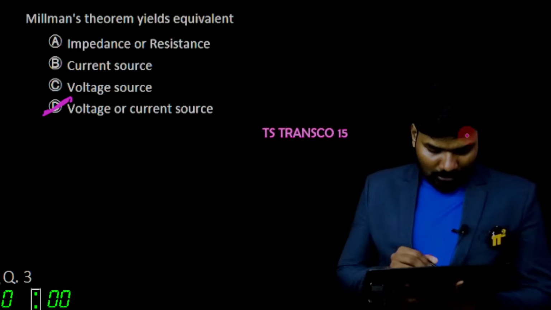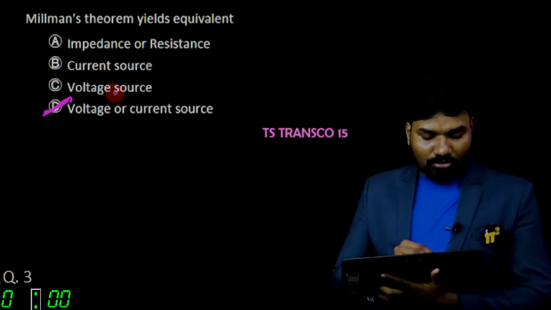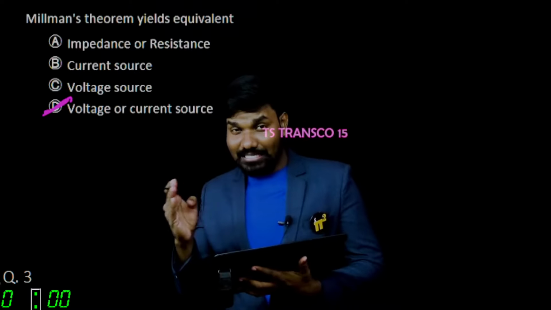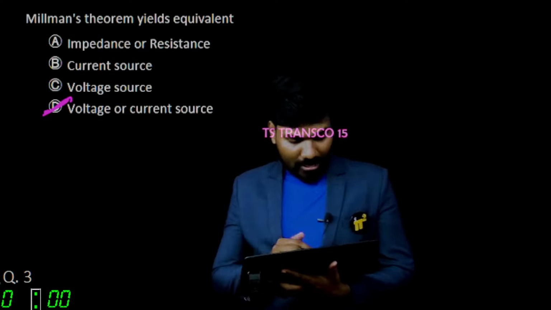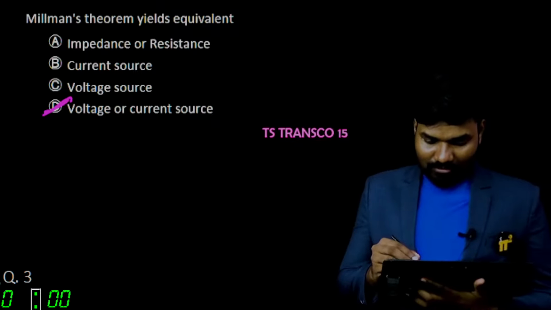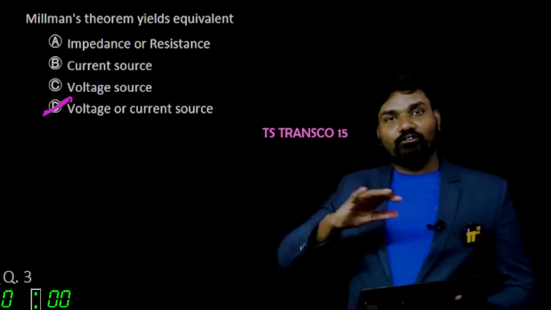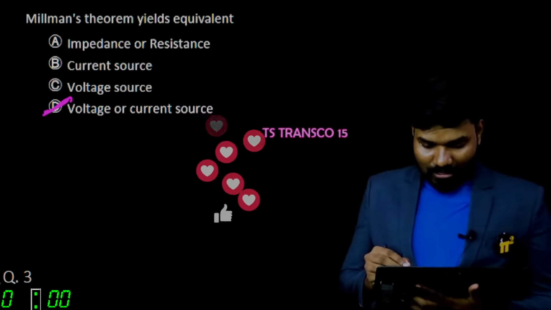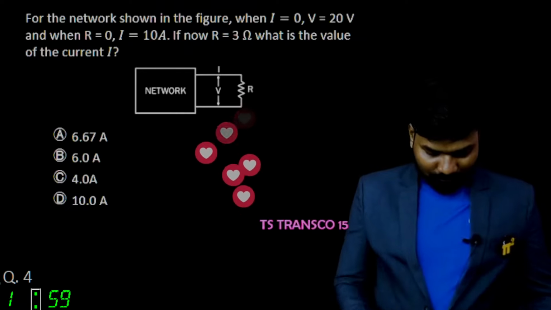If it is a voltage source, you'll get a voltage source and resistance in series. If it is a current source, then the resistance is in parallel. Okay, shall we go to the next question? Give it a thumbs up. Good, guys, good. To every one of you, good. Keep it up. Okay, I'm moving to the next question now.